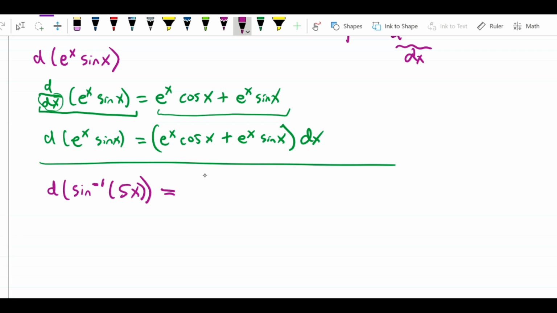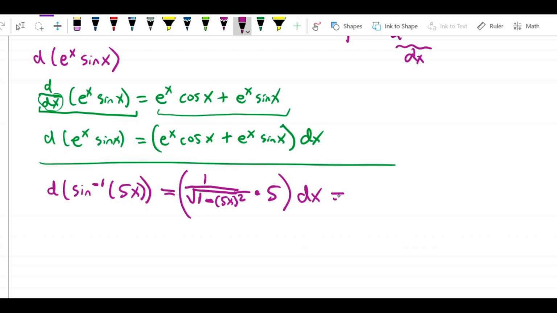We know that the derivative of arcsine of u is 1 over the square root of 1 minus u squared times the derivative of u. So this is going to be 1 over the square root of 1 minus 5x squared, and then by the chain rule we have to multiply by the derivative of 5x, which is 5. So we get that. We simply multiply by dx and we're done.